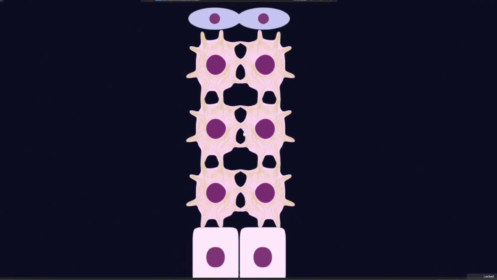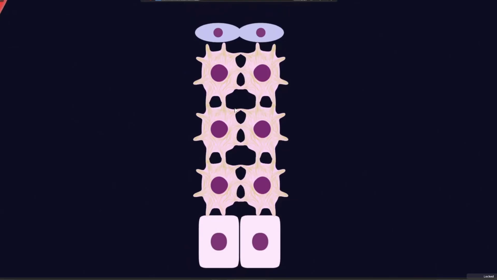prominent and they form a spiny appearance of the cell. Basically it's an artifact, but nonetheless it creates this spiny appearance of the cells. So that is why the most prominent feature of this layer, these type of cells, is the presence of these spiny processes, which are basically nothing more than a histological artifact due to the presence of desmosomes.